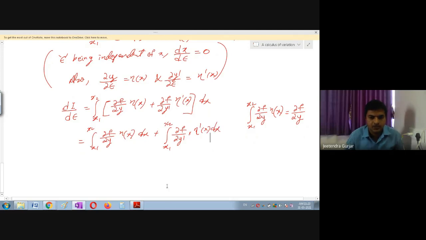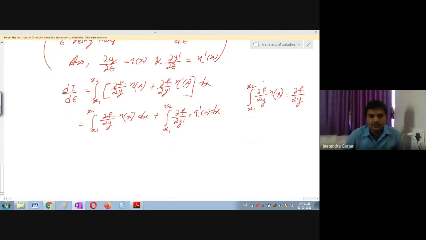Okay, students, so we know that we can just take this as direct value. I will substitute. This is equal to ∂f/∂y. Only this part is remaining. So therefore this is plus. I will integrate this by parts. This is u and v. I will take one by one.